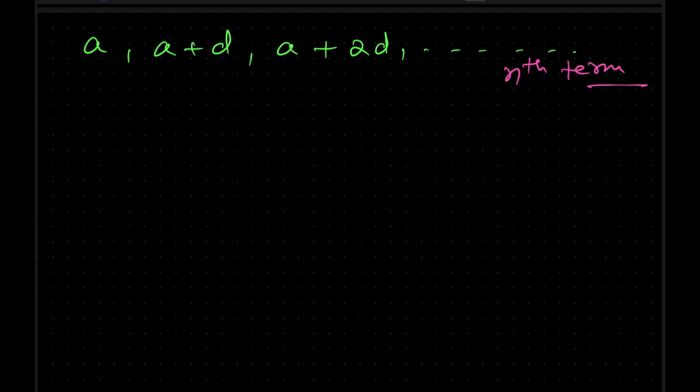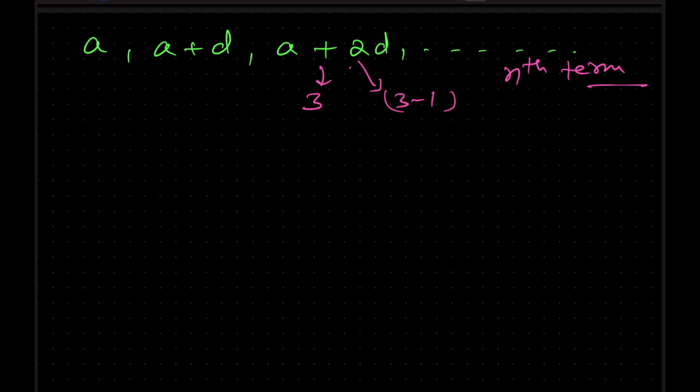Suppose the first term of an AP is A and the second term is A plus D, where D is the common difference by which it is increasing. The third term is A plus 2D and so on. So how will we find the nth term? You can see that for the third term, 2 can be written as 3 minus 1.